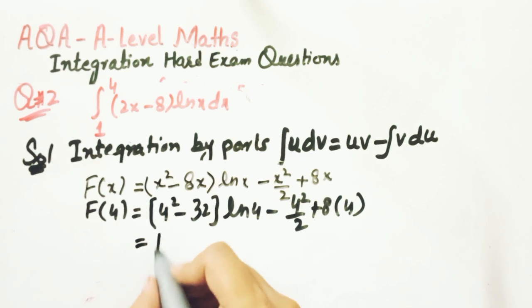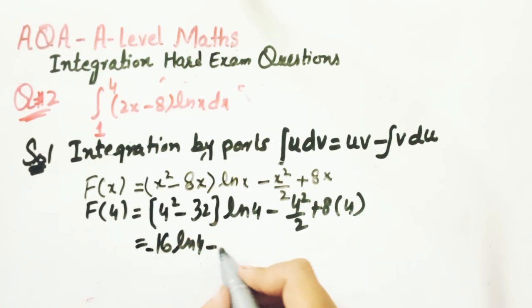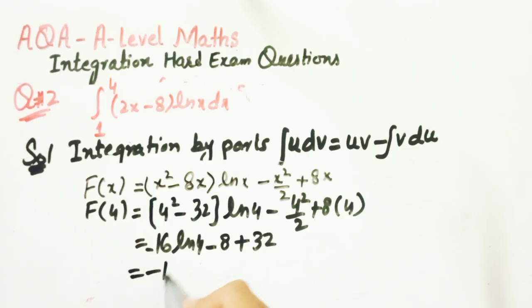So 4 squared is 16, 16 minus 32 will become minus 16 ln 4, and 4 squared is 16 divided by 2 is 8. So minus 8 plus 32, then 32 minus 8 will be 24. So minus 16 ln 4 plus 24.